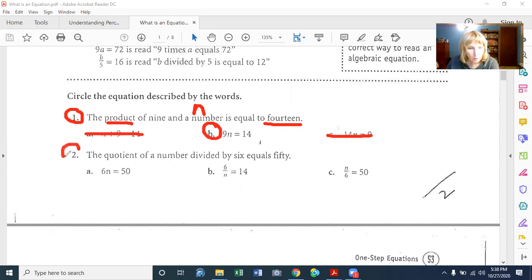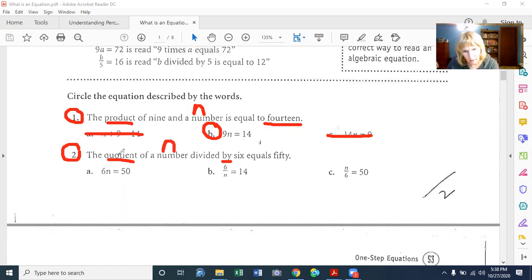Number 2. The quotient of a number divided by 6 equals 50. Quotient is the answer in a division problem. So a number n divided by, always be careful when it says divided by, or if it doesn't say, if the other number is divided by it. So you have to make sure you get the right number in the right place.